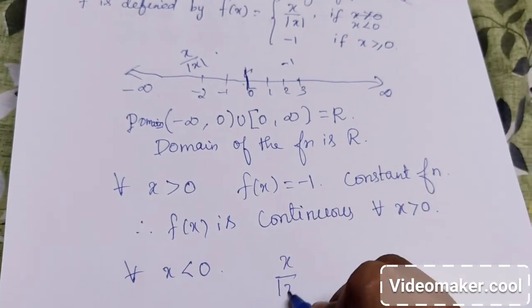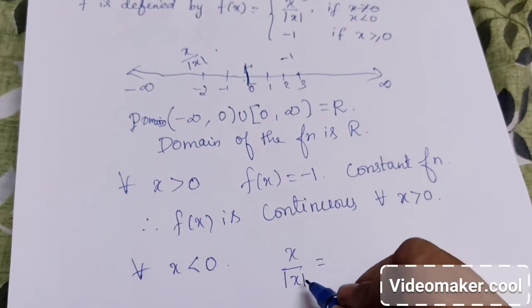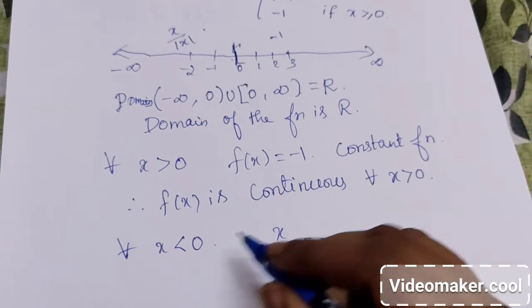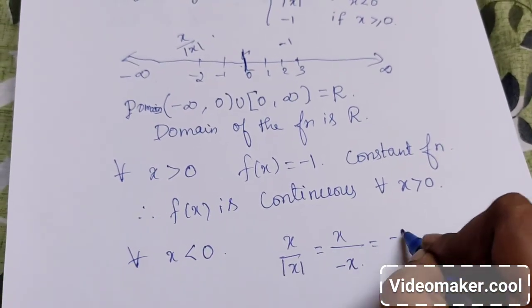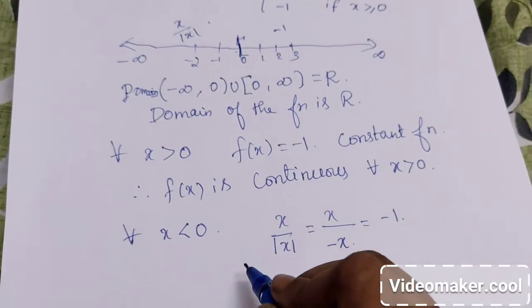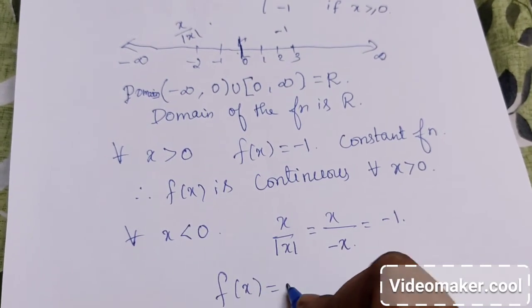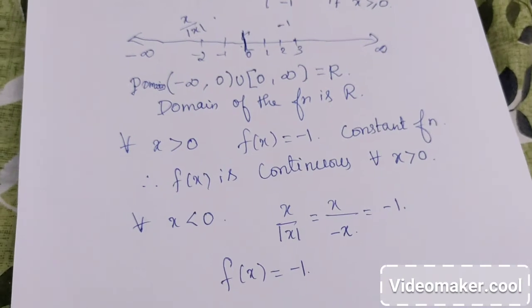X divided by mod x: according to the definition, mod x will be minus x if x is less than 0, so we will get -1. So again, for all x less than 0, f of x will be -1, which is a constant again.